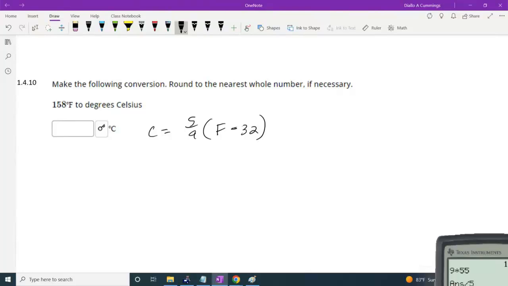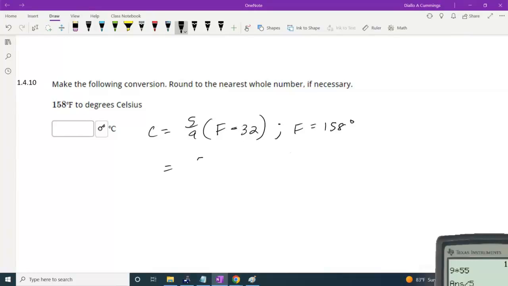But all the formulas should give you the same value. So I'm going to use this formula. So notice that there is a set of parentheses. So we have C is equal to 5/9 times F minus 32, and we're going to substitute F for 158 degrees.